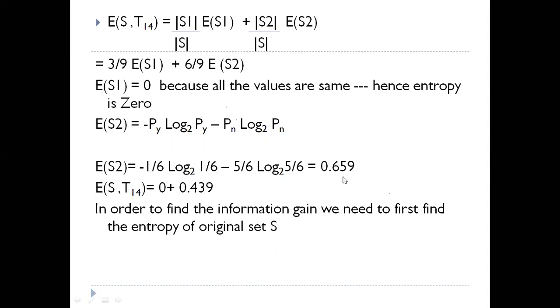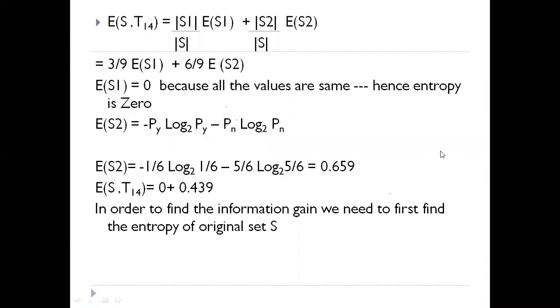Mathematical students, I know you are very good at calculating. I hope I made it right there. Okay, 0.659. Now, this is the value of the entropy of S2, so let us substitute it here. 3 by 9 into 0 will become 0. 6 by 9 into 0.659 will give me 0.439.